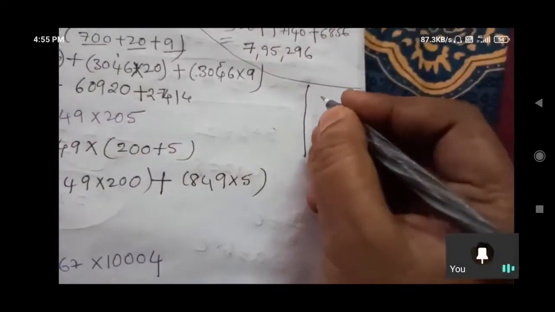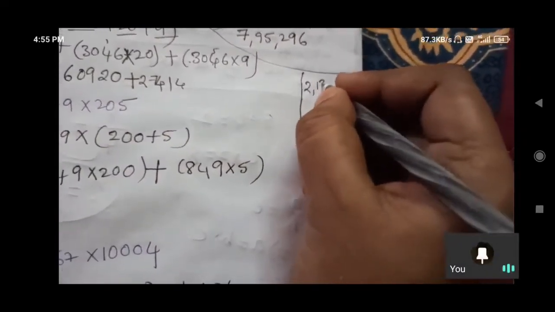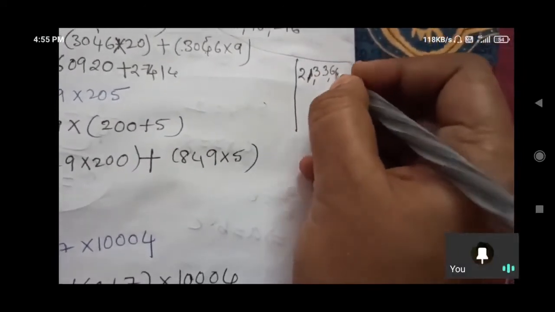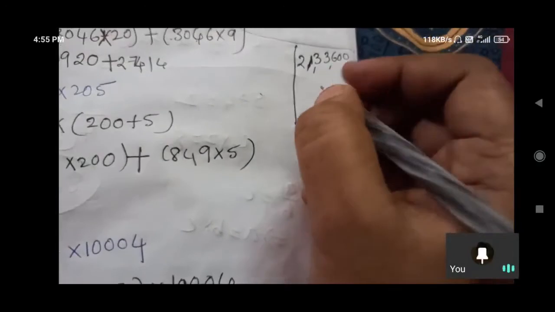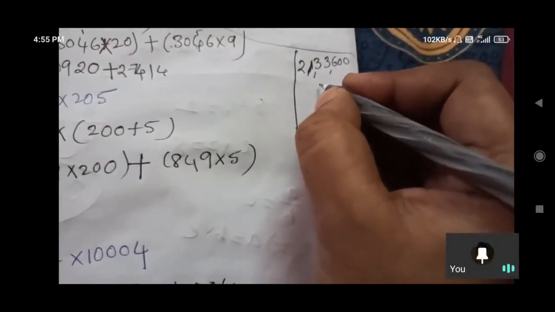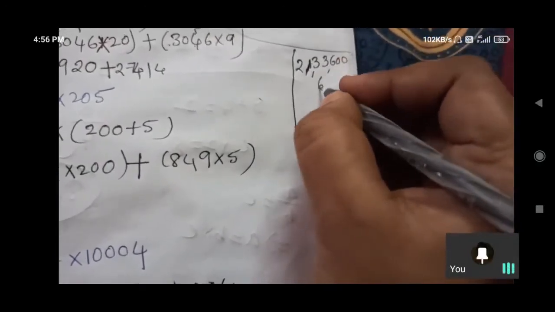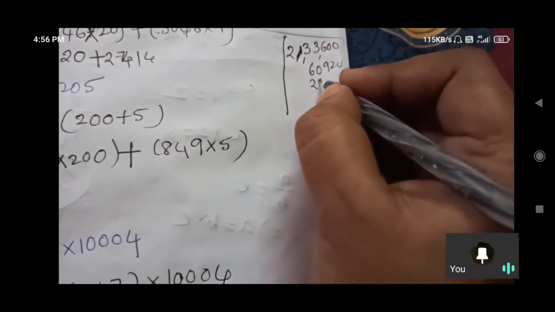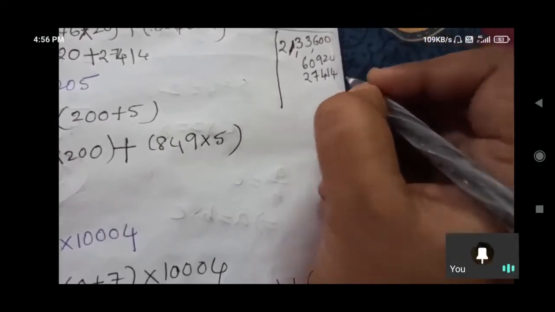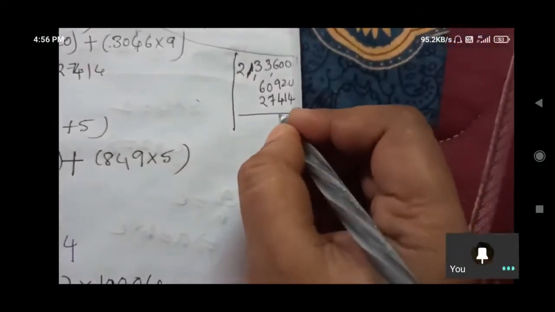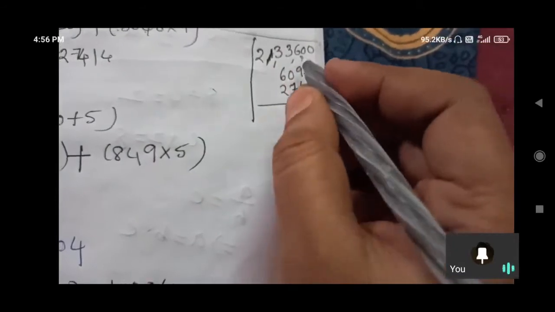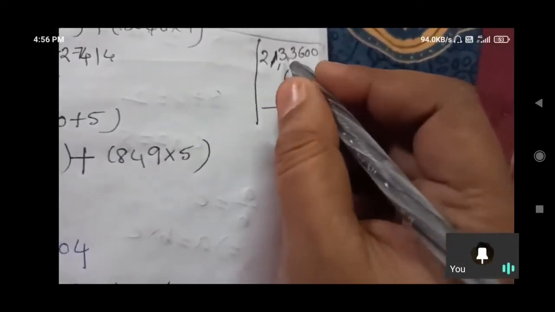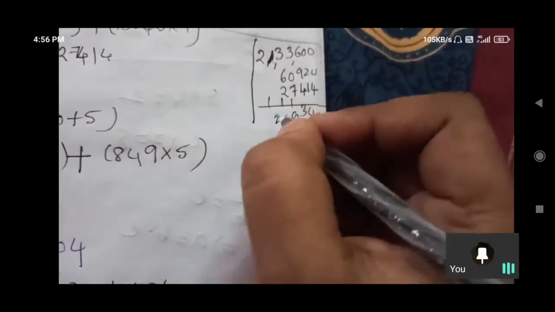So here 2,13,000, 21,33,600. Okay, plus 60,920 plus 27,414. 4 plus 3 is 13, plus 6 how much? 19. 8 plus 3 is 11. 6 plus 3 is 9. 9 plus 3 is 12. 1 plus 1 is 2. 2.